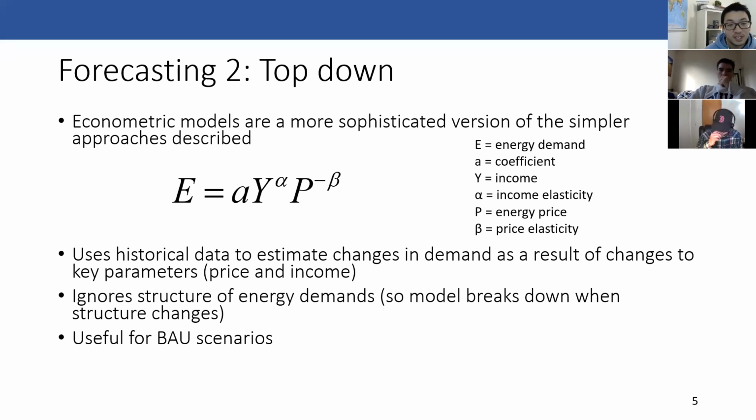This is still an extrapolation method, but now you've got some elasticities, your alpha and beta, associated with the actual income and energy price. And in this way, we can use historical data to estimate the changes in demand. That historical data, right, are your explanatory variables Y and P.